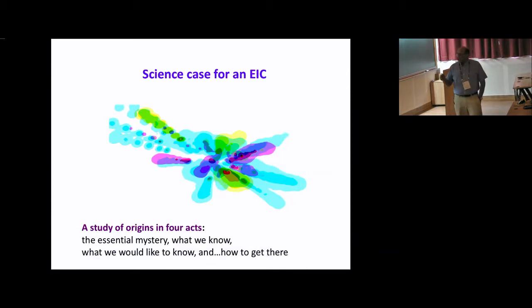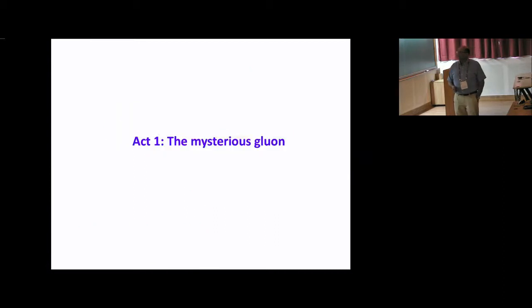And when you say that, you have to couch it in the context of what we already know, what we would like to know, and how to get there to address these fundamental questions. So think of it as a play in 4 acts. And Act 1 is that of the mysterious gluon.